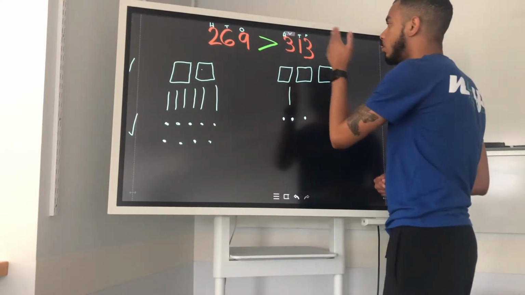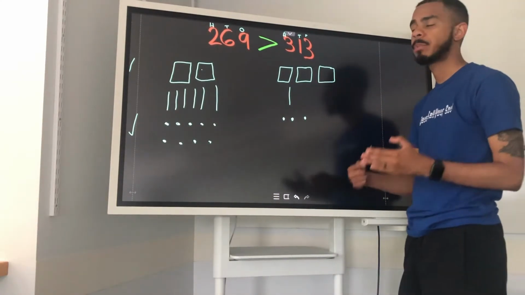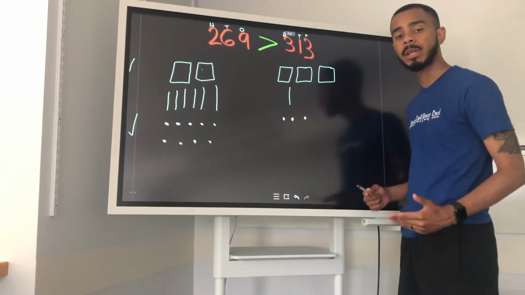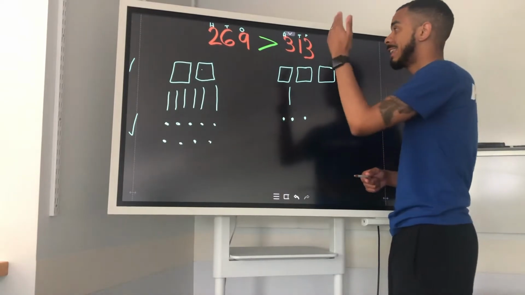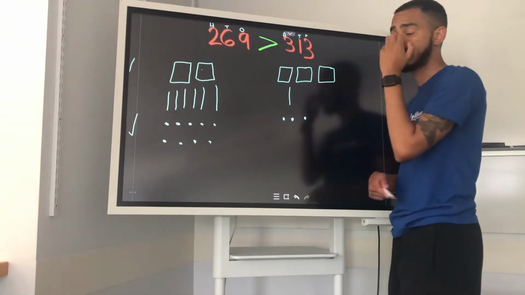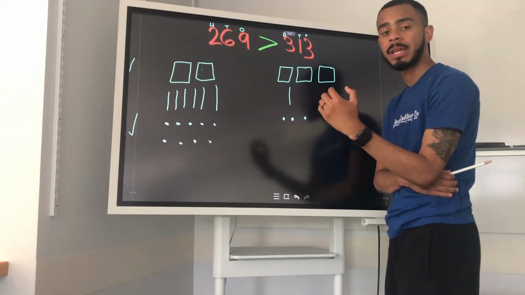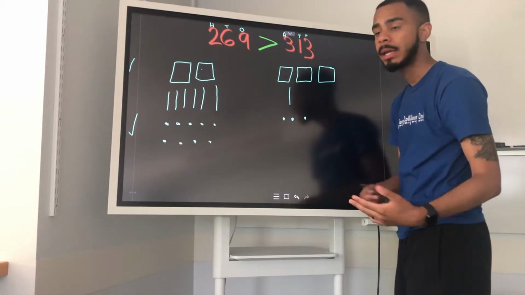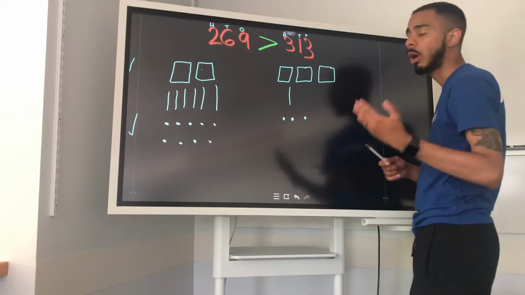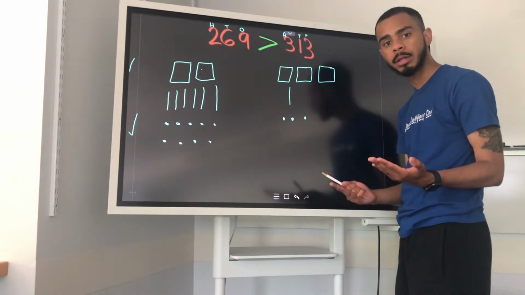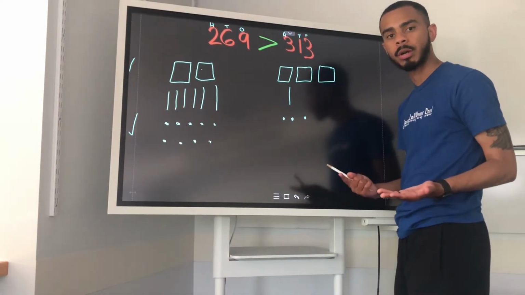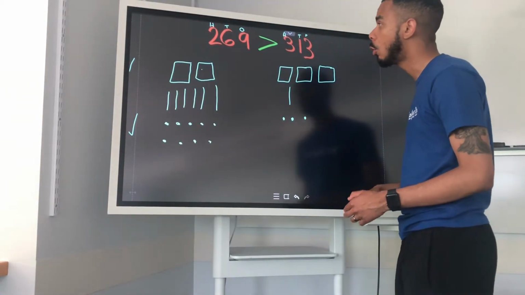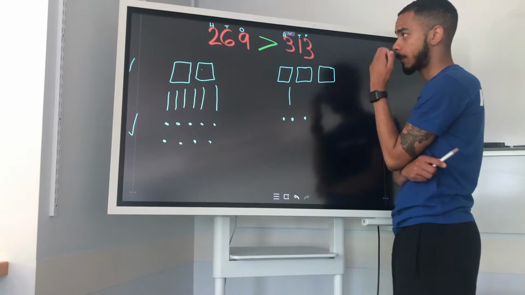So, in these 2 numbers, the highest place value is the hundreds place, right? Our place values are the hundreds place, the tens place, and the ones place. The hundreds place holds the most value. Why? Because if I had 100 and 1, which one is more? 100, right? 100 is more than a 1. So we look at the hundreds first.